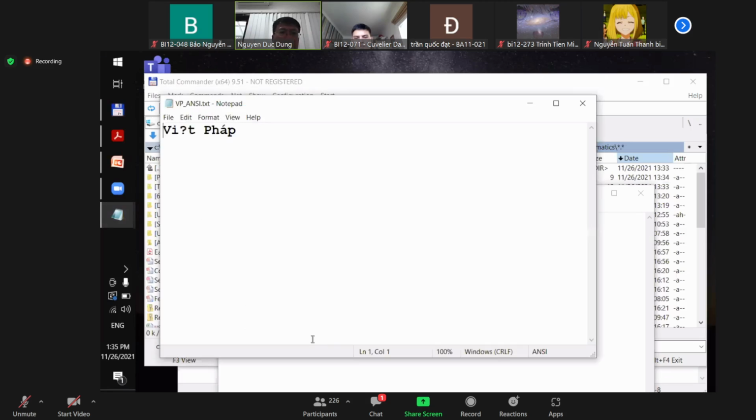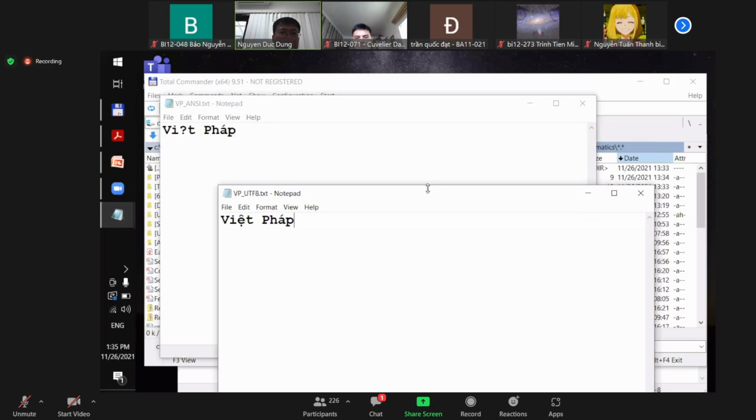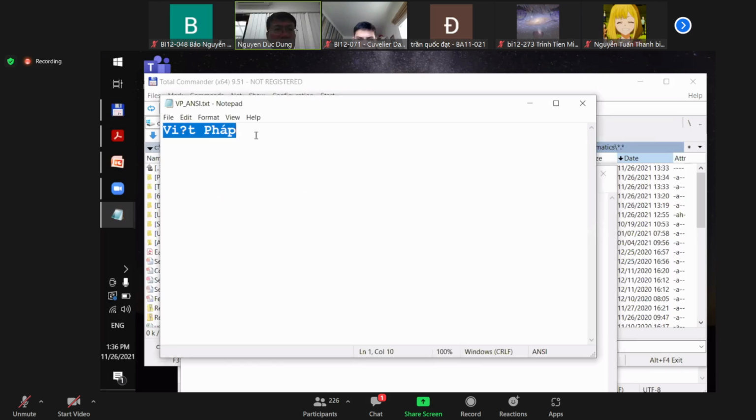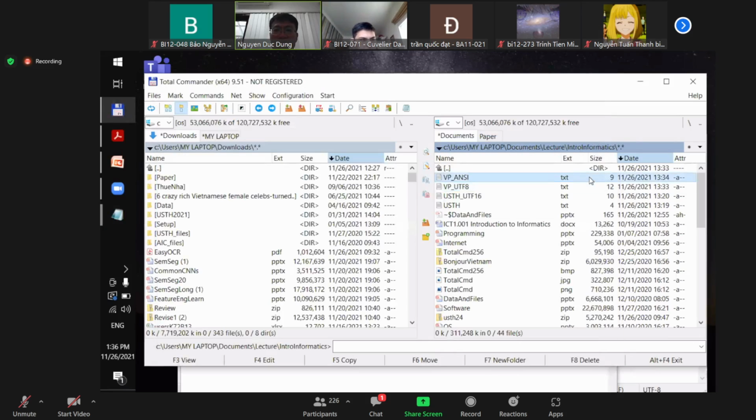This file has UTF-8 requires 12 bytes and ANSI 9 characters because I know exactly 1, 2, 3, 4, with the space is 5, 6, 7, 8, 9. 9 characters require 9 bytes. Okay, I know that. But why does UTF-8 require 12 bytes?